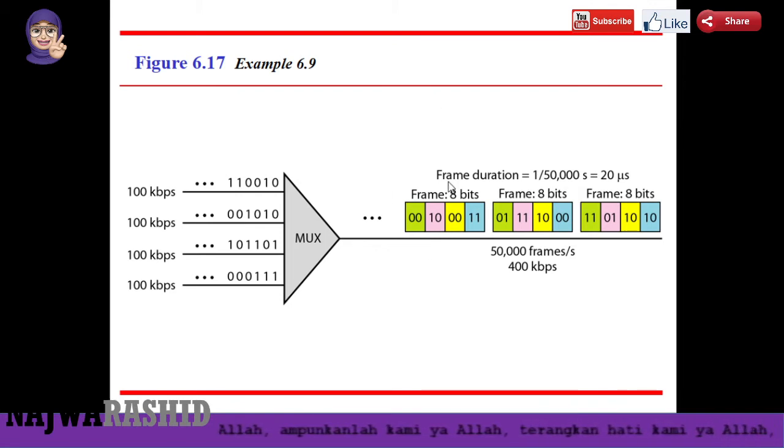Here we have 100, but we combine 2 bits, so 100 divided by 2 equals 50. So we get 50,000 frames per second. In one frame we have 8 bits, so 8 times 50, we get 400 kilobit per second or 400,000 per second.